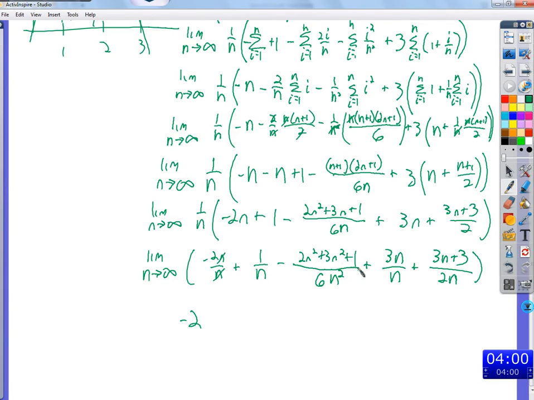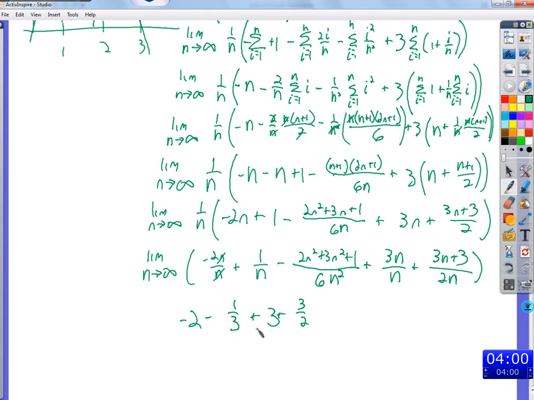So we remember that if the degrees are the same, then as n goes to infinity, we approach the ratio of these two leading coefficients. So we have a minus 1/3, if we simplify that. This one will be a 3. This one will approach 3/2. Okay, we add those all together, and we're good to go.